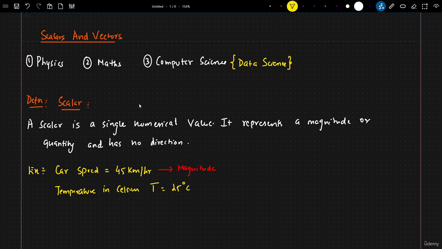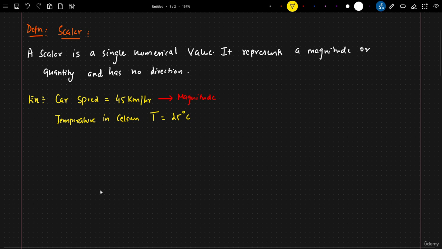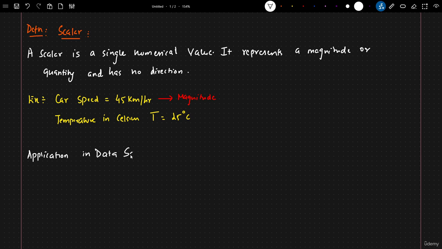So I would also like to give you some applications of scalars specifically in data science. Application in data science. As I said, a scalar represents a single numerical value. Let's say I have a data set with features F1, F2, F3.